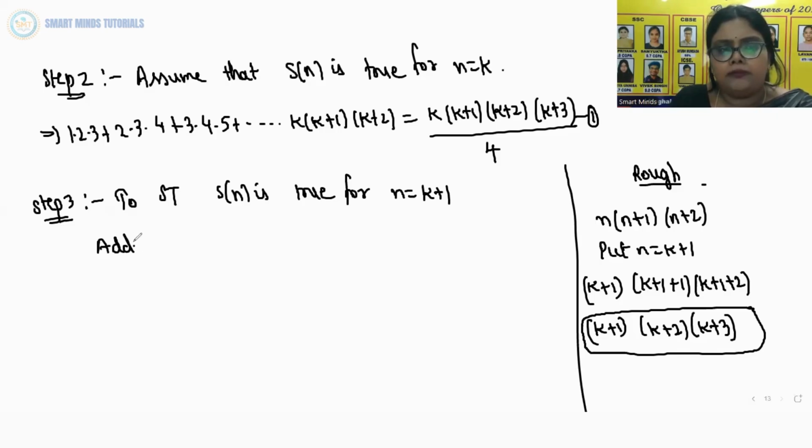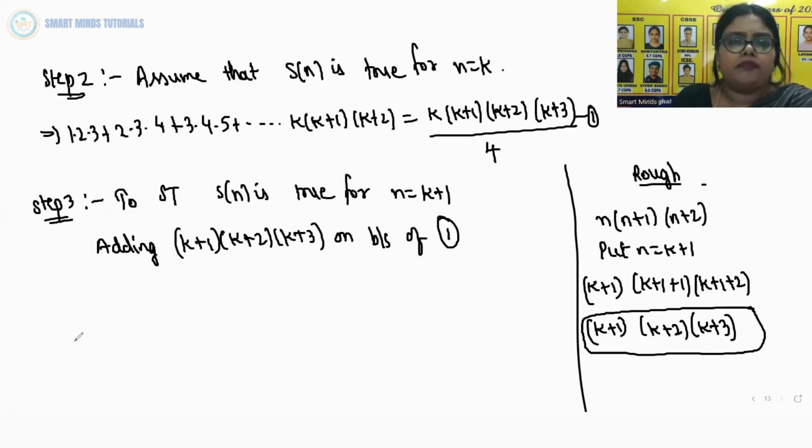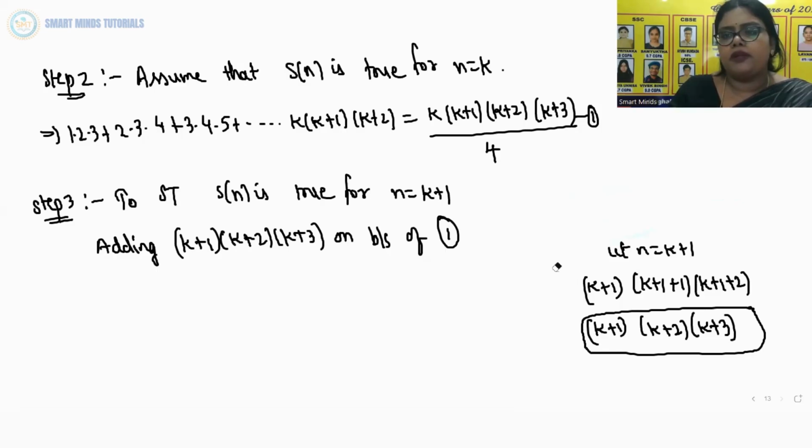So adding k plus 1 into k plus 2 into k plus 3 on both sides of equation number 1. So now we are adding k plus 1 into k plus 2 into k plus 3 on both sides of equation number 1. So I am erasing this rough part.